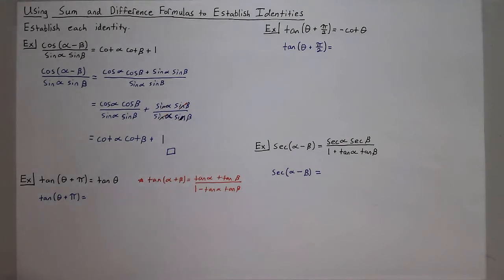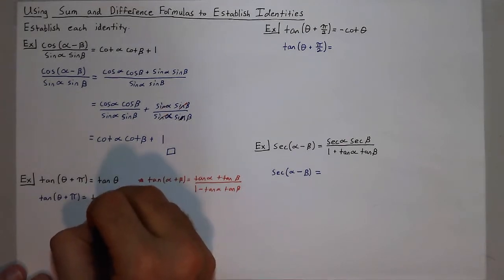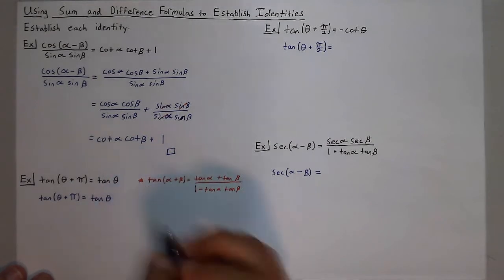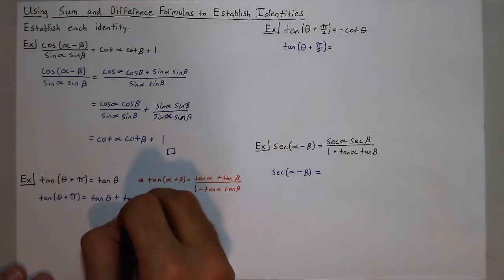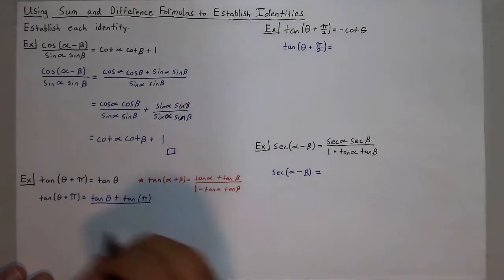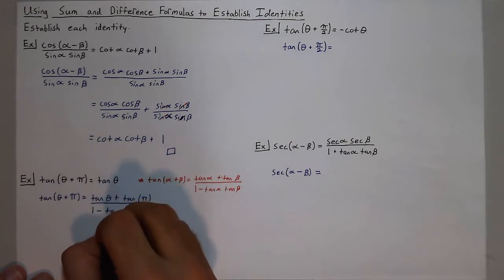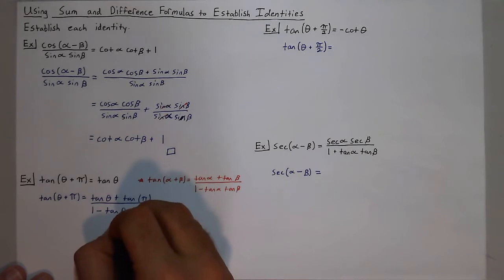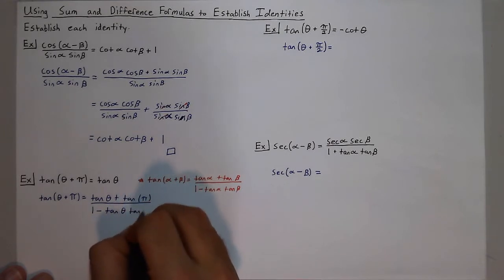When I go to use this, I'll get tangent of theta plus tangent of pi all over 1 minus tangent of theta times tangent of pi.